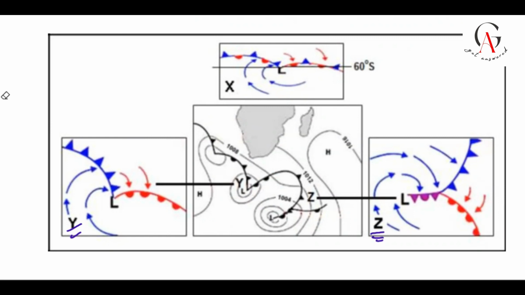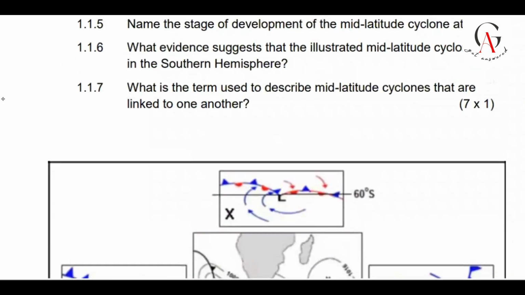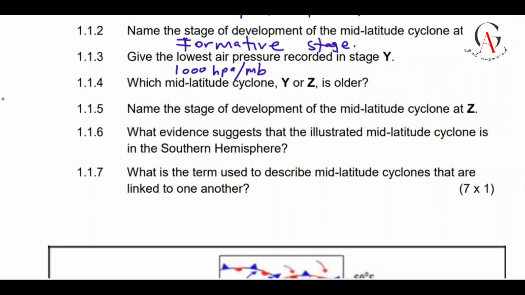Remember, this is Y at this point, and this is Z. If they say between Y and Z, which one is older? Okay, so our answer is supposed to be Z. But how do we tell that it's going to be Z? All right.